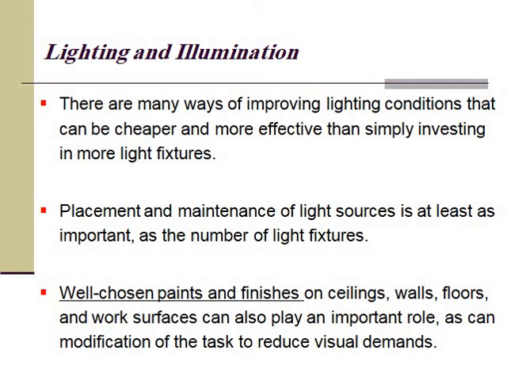The well chosen paints and finishes on the ceilings, the walls, floors, the type of work surfaces, how they reflect the light, is also very important. Some modification to the task itself to reduce visual demands is also a good way. So there are several ways to improve lighting conditions in any work environment.